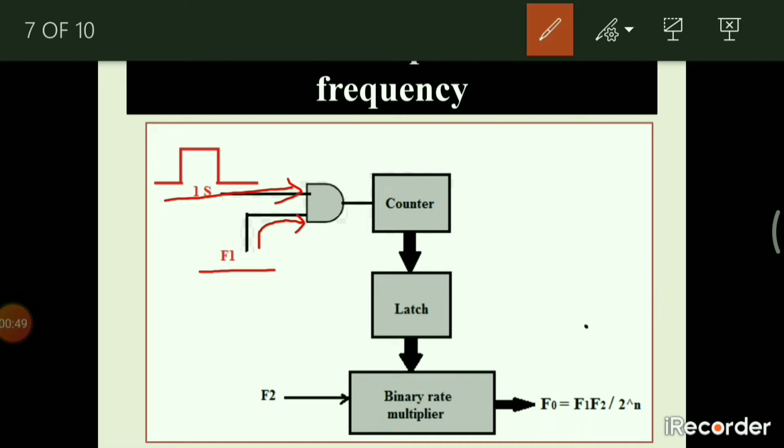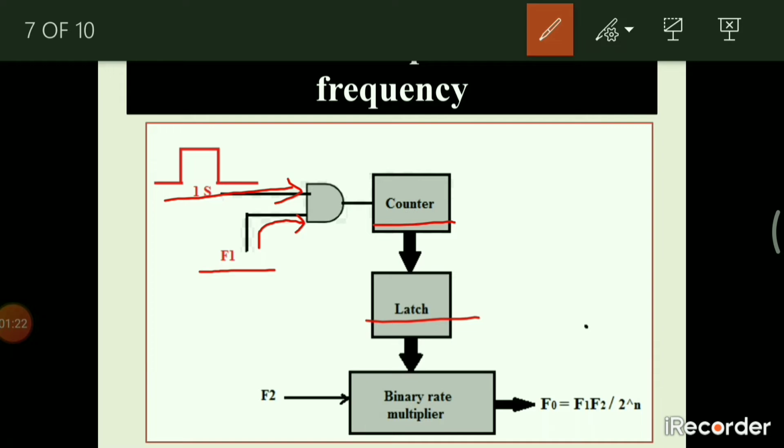So by using the counter, we can measure the number of cycles completed in 1 second for the unknown frequency signal f1. So the counter will count the frequency of signal f1. After that, a latch circuit is used. The function of the latch circuit is to pass the signal or to stop the signal.